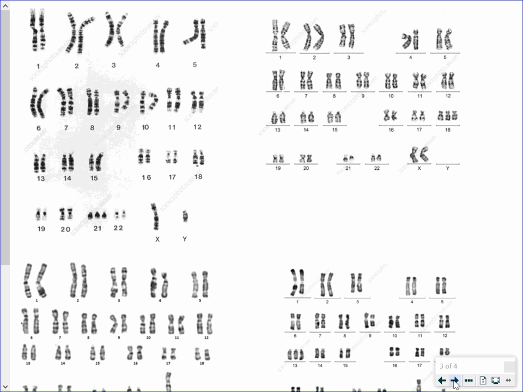So we'll take a look at a few different karyotypes here. The one at the upper left-hand side, we can see that we have all of the chromosomes lined up once again, starting with the longest chromosome pair, number 1, at the upper left-hand side and the sex chromosomes at the lower right-hand side. So one thing we can tell right away, if there is a Y chromosome, then it is going to be a male.